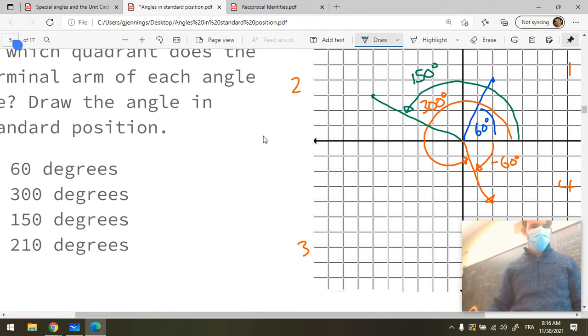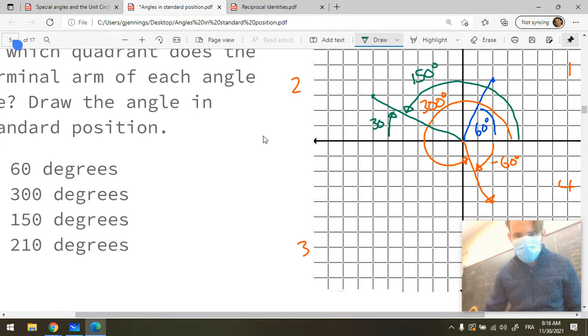And then 210 degrees, well, which quadrant is 210 degrees going to fall in? Yeah, in the third quadrant. So 210 degrees is like 30 degrees more than 180. So this one here is like 30 degrees less than 180.